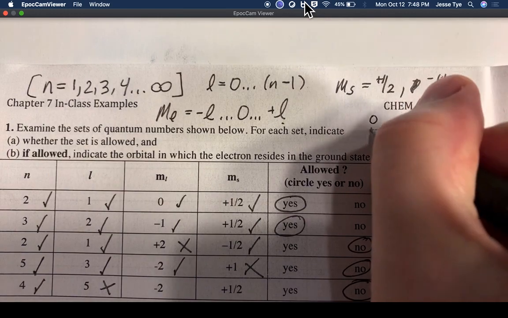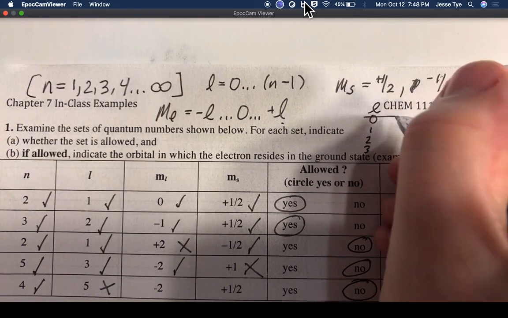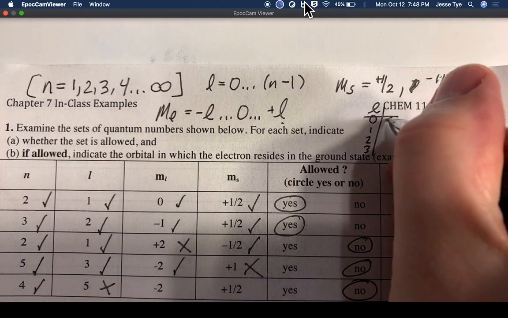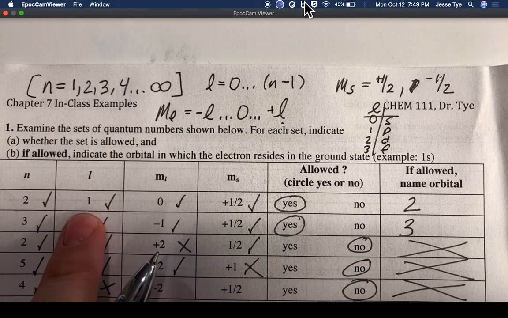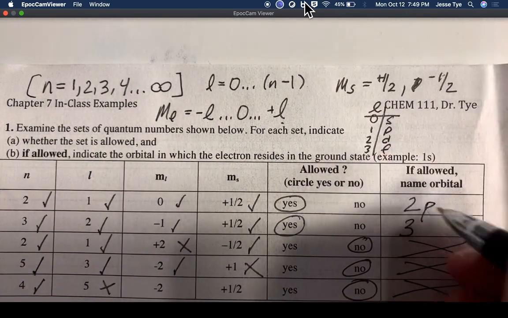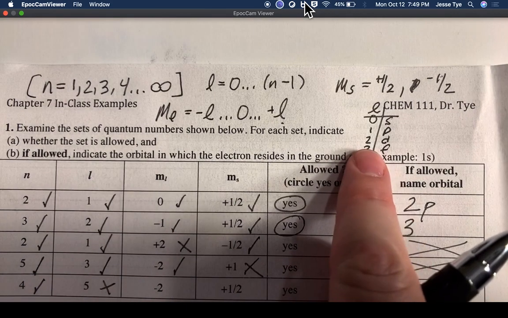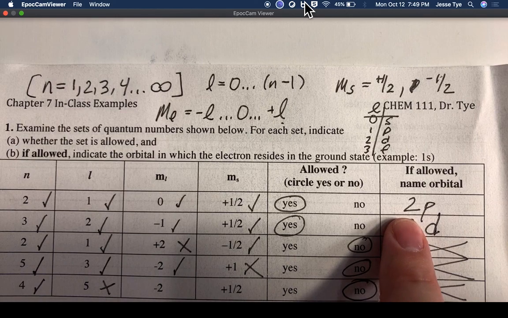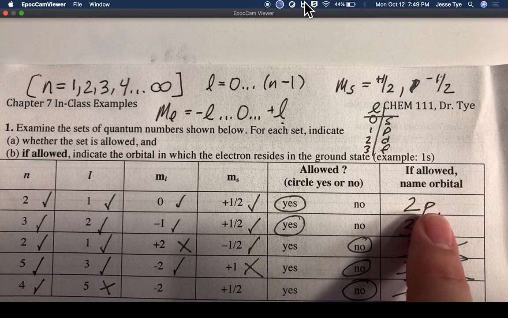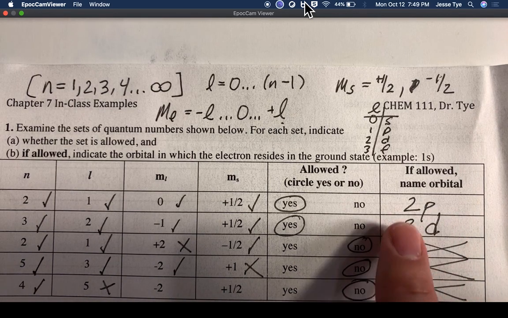So 0, 1, 2, 3, these are L values. They get the names S, P, D, and F. So L equals 1 is called a 2p orbital, and L equals 2 is called a 3d orbital. So the first number is the n value, the second is the code for the L value: 2p and 3d.